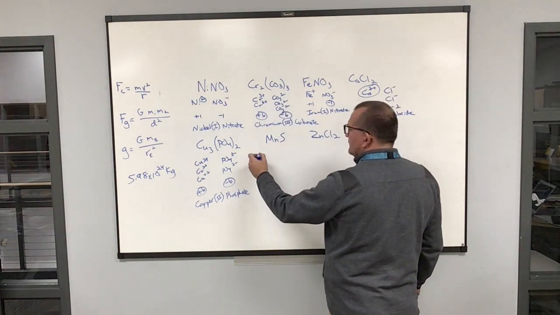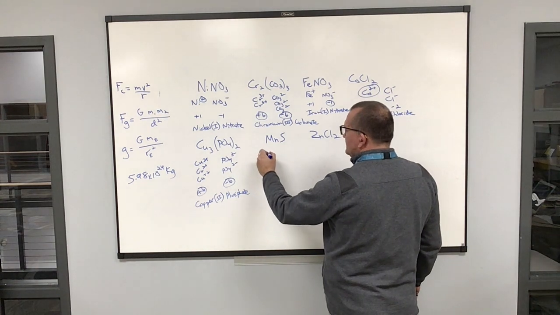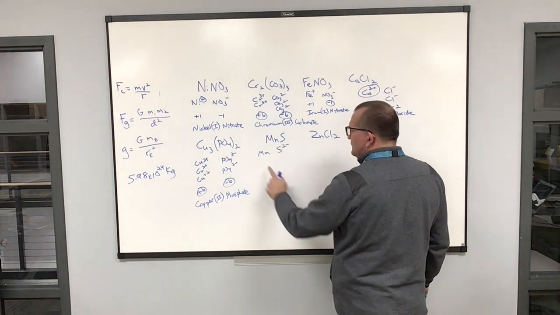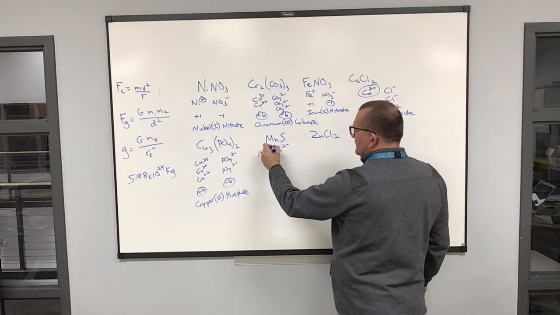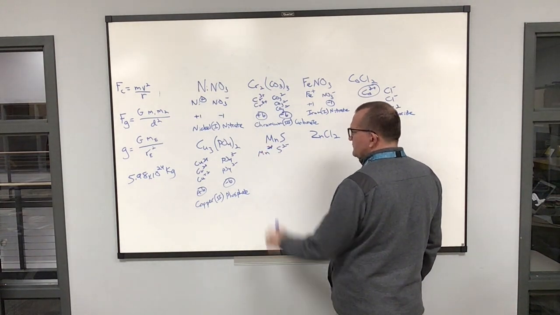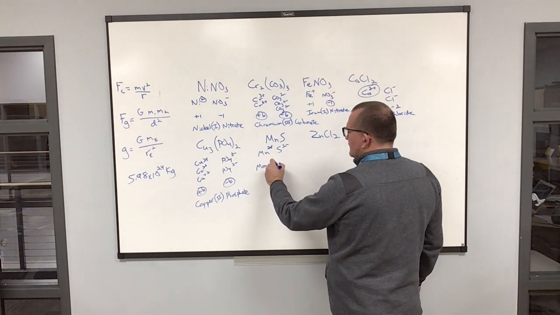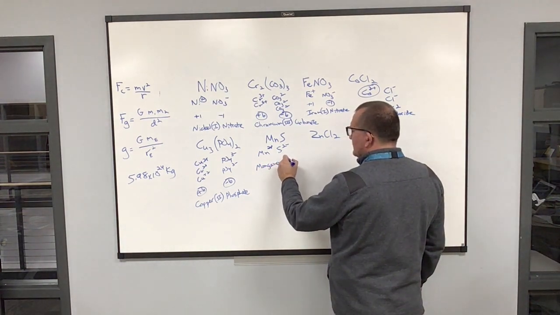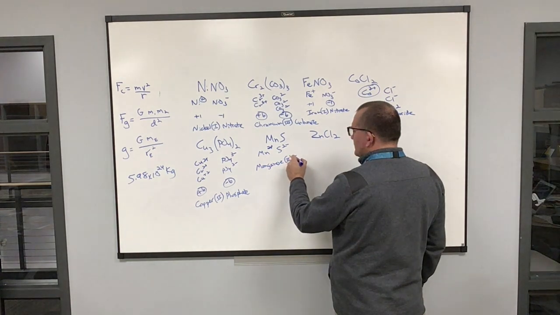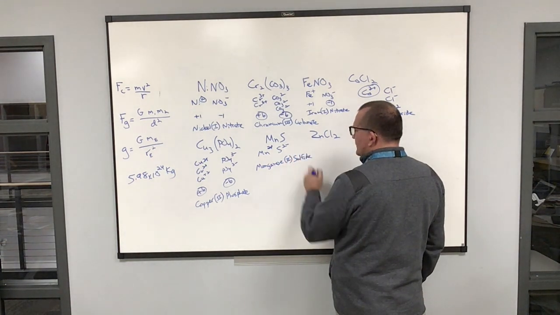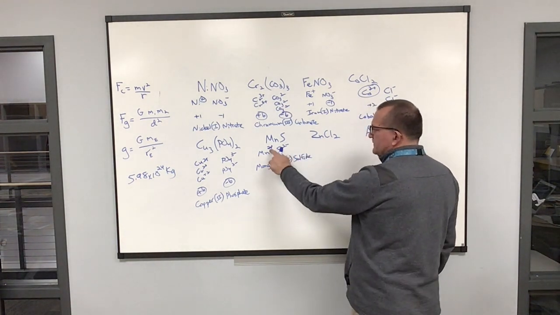Manganese and sulfur. Okay, manganese unknown, sulfur is -2, which means manganese has to be +2 to balance the charges. So this is manganese 2 sulfide. Again, 2 because of the charge.